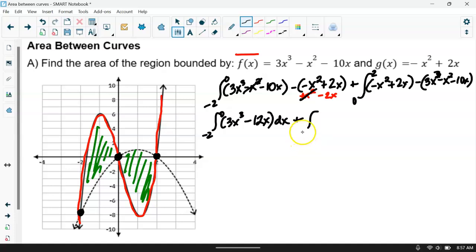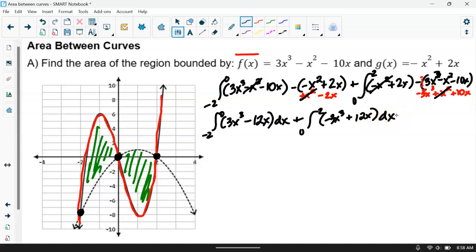Plus, then the next section where it flipped, from 0 to 2. Again, we're going to distribute, so this is -3x cubed plus x squared plus 10x. We're going to find the integral of -3x cubed. Now notice -x squared plus x squared cancels out, plus 2x plus 10x, so 12x with respect to x.